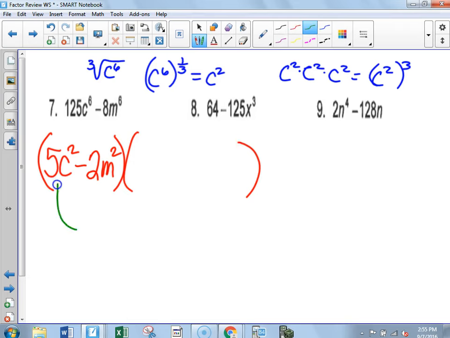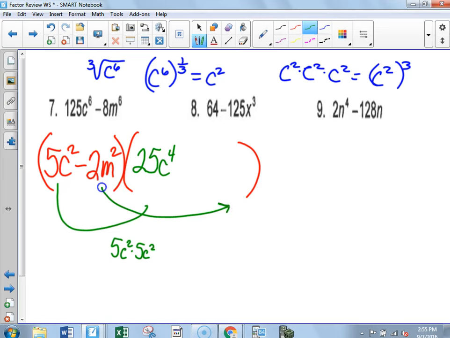We have to square this. 5c squared times 5c squared would be, good job, Besma says 25c to the fourth. Everybody okay? The one at the back is squaring this guy. 2m squared times 2m squared would be 4m to the fourth.